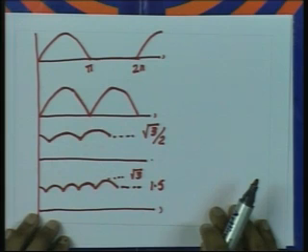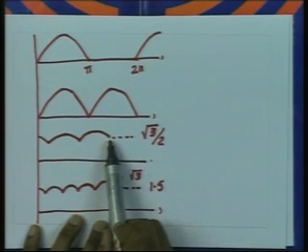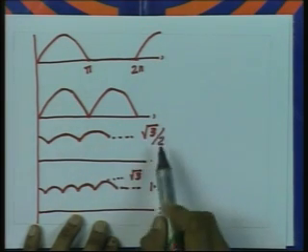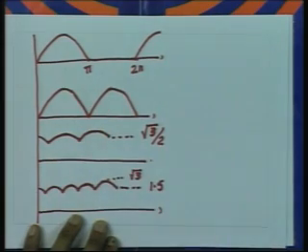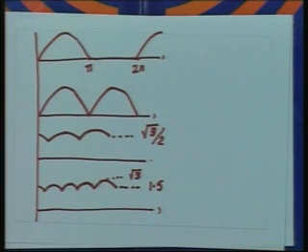What happens in the 3-pulse converter? We found yesterday that there are 3 pulses and the minimum value of V naught is proportional to sine 60, that is root 3 by 2 per unit, and the peak value is Vm. For alpha equal to 0 of the 3-phase half wave rectifier, the output voltage varies from root 3 by 2 to 1.